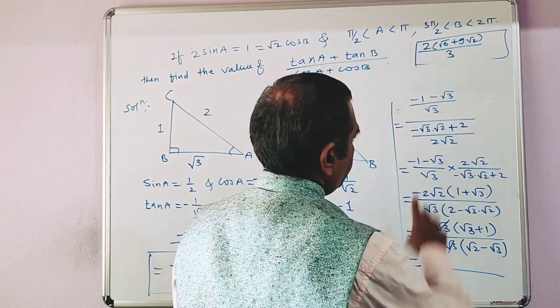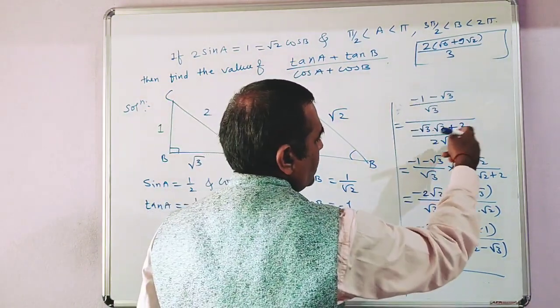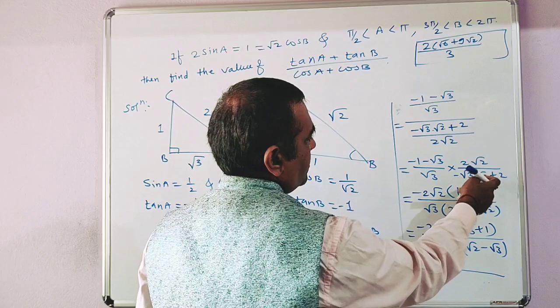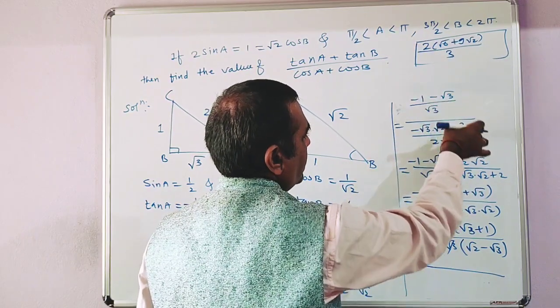Similarly, see, same here I think. Root 3, 2 root 3 into 2, 2 root 2 into root 3.